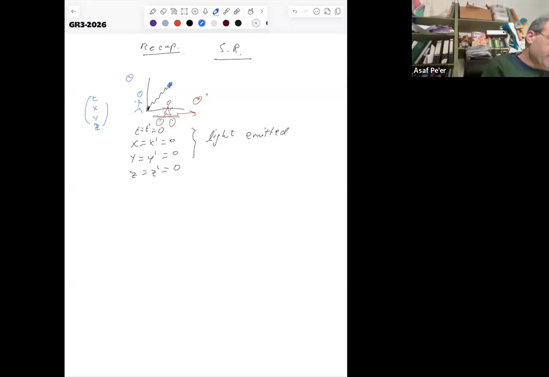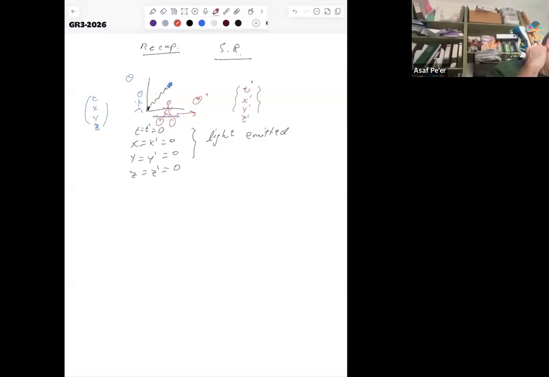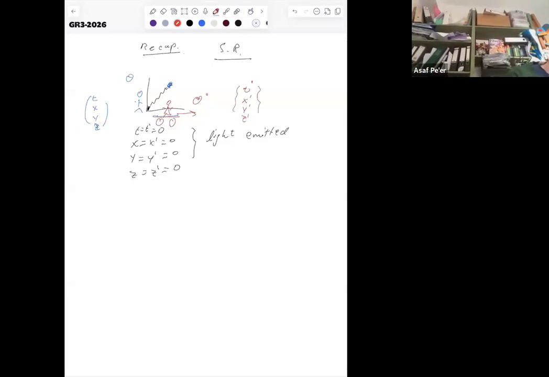For the second observer, according to her measurements, it's t prime, x prime, y prime, z prime. Both observers agree that x squared plus y squared plus z squared is equal to c squared t squared, and the same is true for O prime.